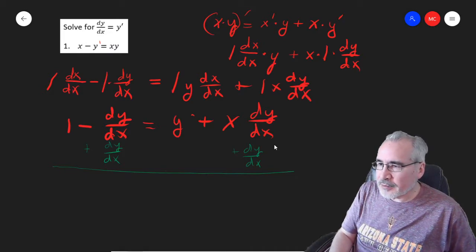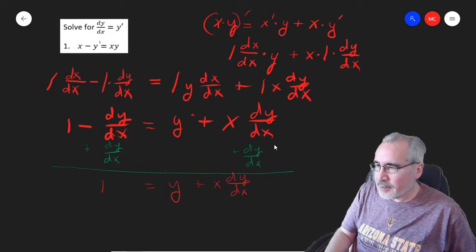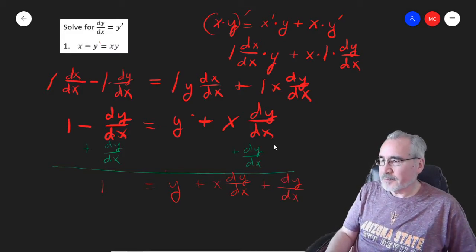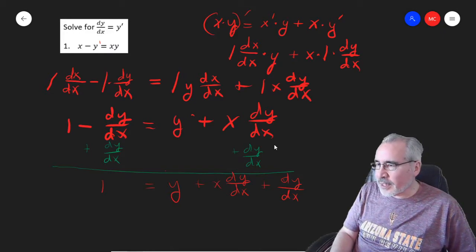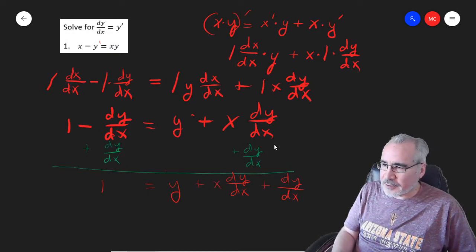Okay, so on this side we get 1 equals y plus x dy dx plus dy dx. Okay, so since we're solving for dy dx, we've got all that over onto this side, so let's get the y over to the other side.